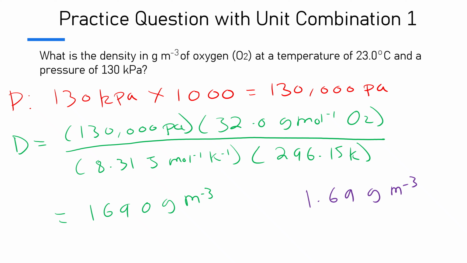Therefore, in this scenario, we would use 1.69 grams per cubic meter as our answer for the density of oxygen under these conditions, and therefore demonstrates why we need to use kilopascals as the unit for pressure when we use this modified version of the ideal gas equation for working out density with that unit combination.